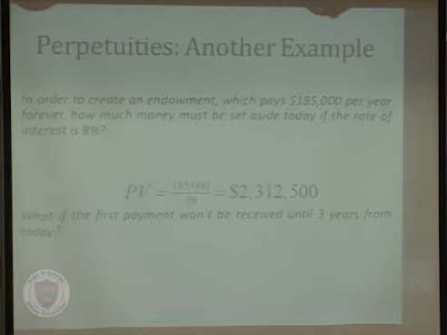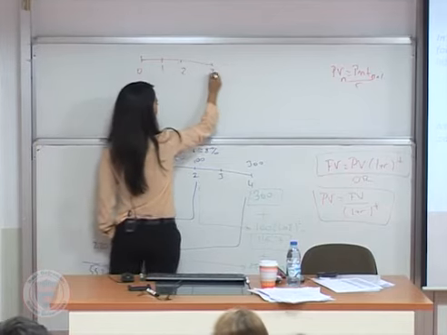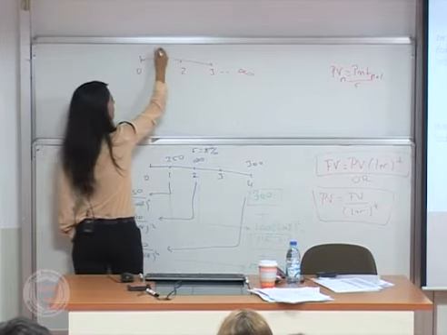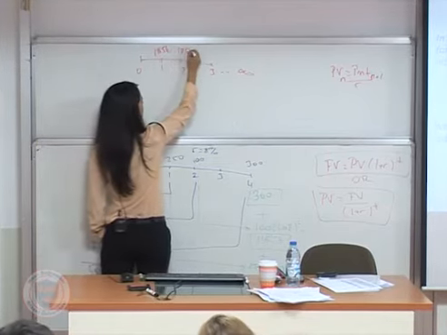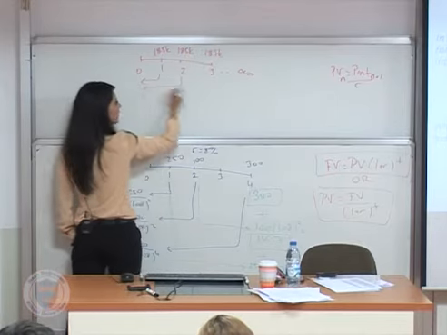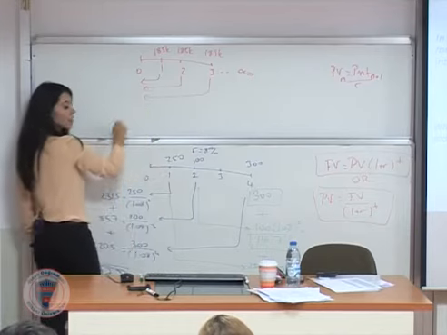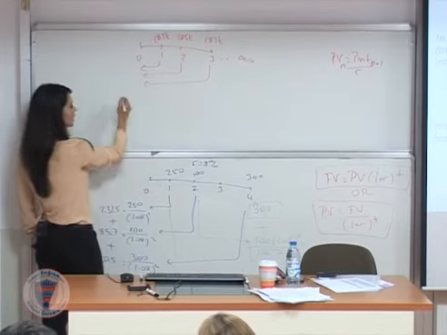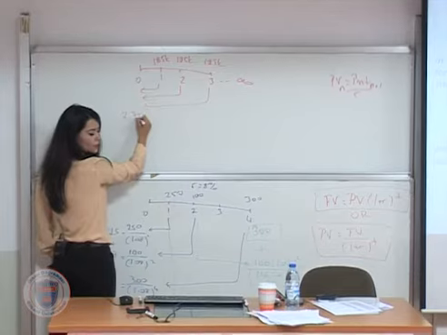So in the first part, for this question, the structure was like this. So every year you get $185,000. And you calculated the value of all these cash flows, infinite amount of cash flows, and you said it's worth $2.3 million.